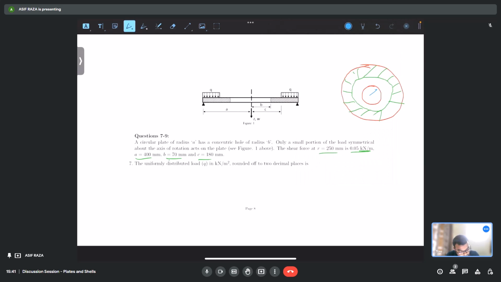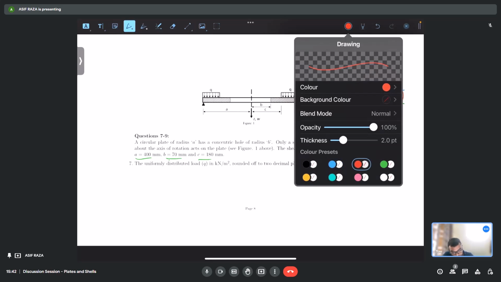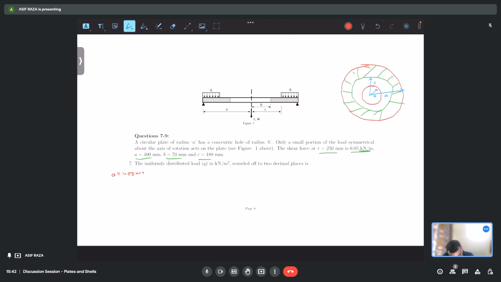So this is B, this is C, and this is A. Now what we are given is A equal to 400 mm, B equal to 70 mm, or I can write 0.4 meter, 0.07 meter, and C as 180 mm, that is 0.18 meter.